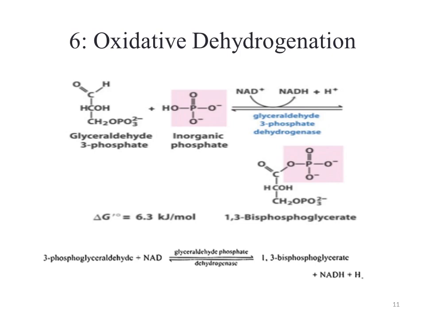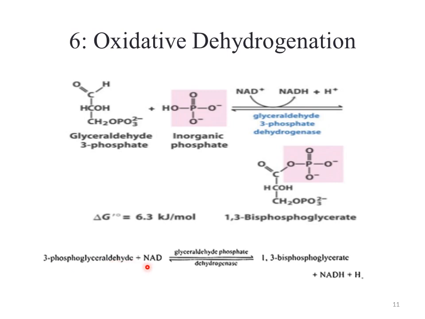This is the sixth step, called oxidative dehydrogenation. If we see the chemical equation, 3-phosphoglyceraldehyde, as I told you, the aldehyde form of the glycerol will enter the next process of glycolysis.